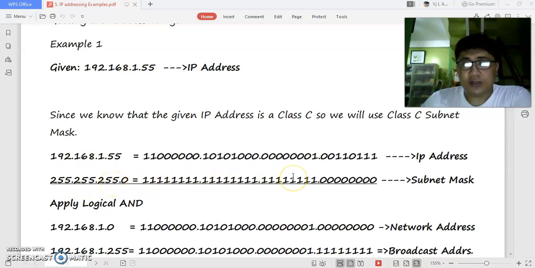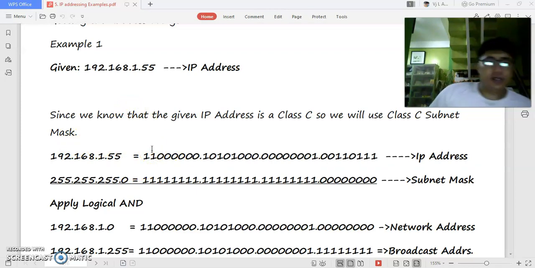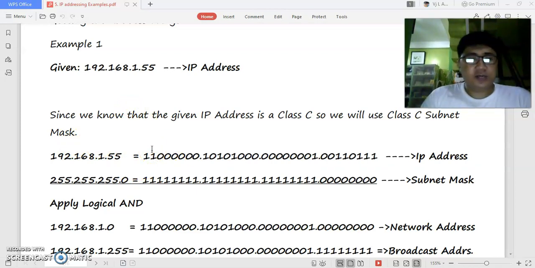In a Class C IP address, the subnet mask must have the first three octets all represented by ones. From here, the first thing we need to do is convert the given IP address, which is in decimal, into its equivalent binary values. How do we do that?